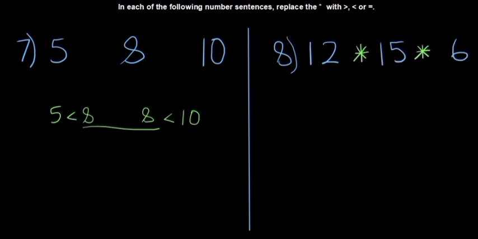So to compare these numbers, we simply write both symbols in the question. So we're gonna write this one here, then we're gonna write this one here. So this reads 8 is in between 5 and 10.